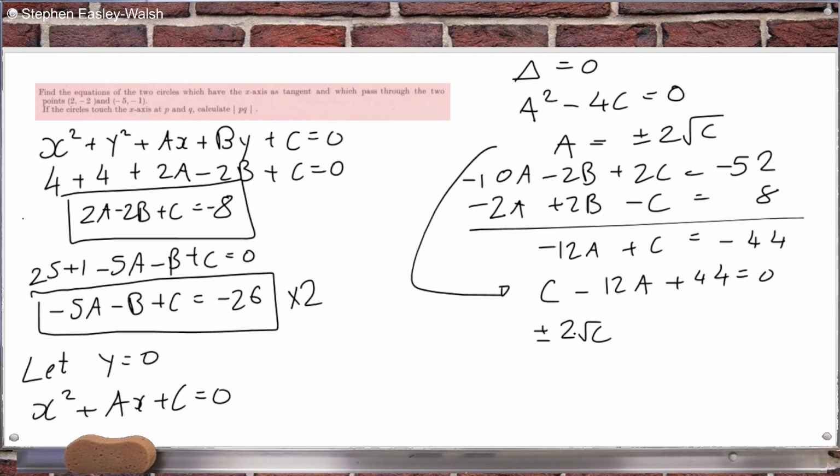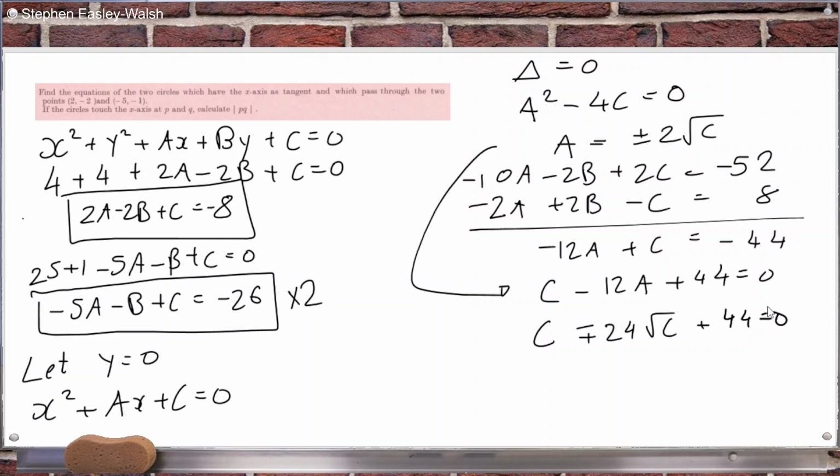No, that's wrong. Sorry. c minus or plus 24 root c plus 44 equals 0. That's a quadratic where root c is the variable.